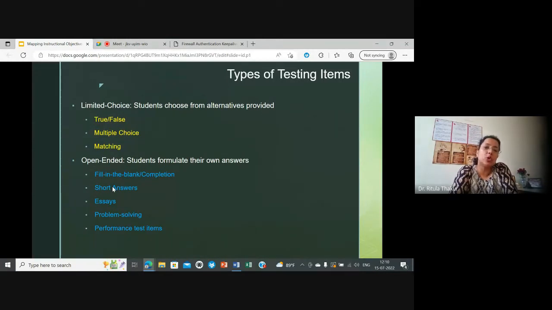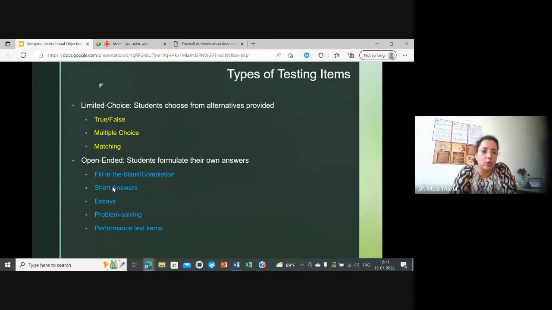So in the limited choice, as the name implies, the students have to choose from the alternatives which have already been provided to them. They don't have much flexibility to formulate their own answers. For example, true and false, they have to choose either true or false. So they have a limited choice. Similarly, multiple choice questions, they will be given, let's say, a set of 4 choices, and they have to choose only from those choices.